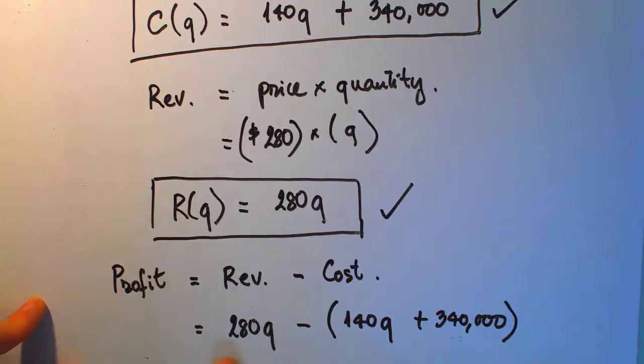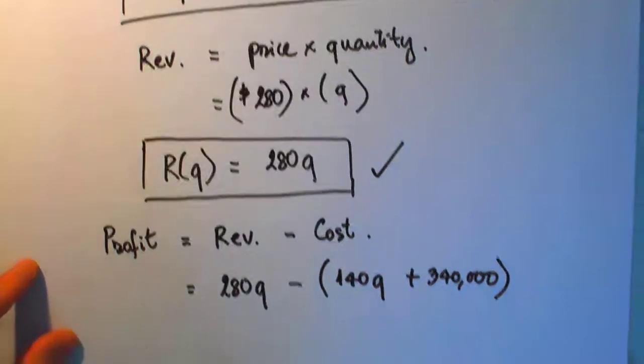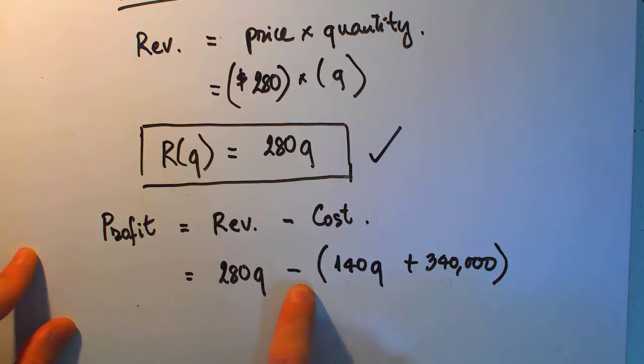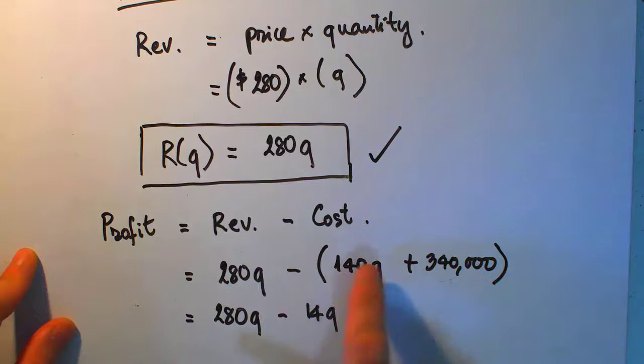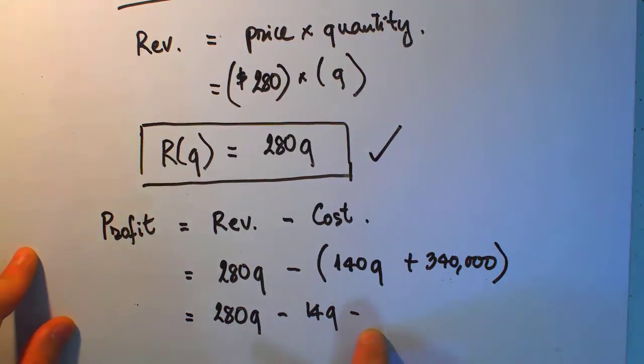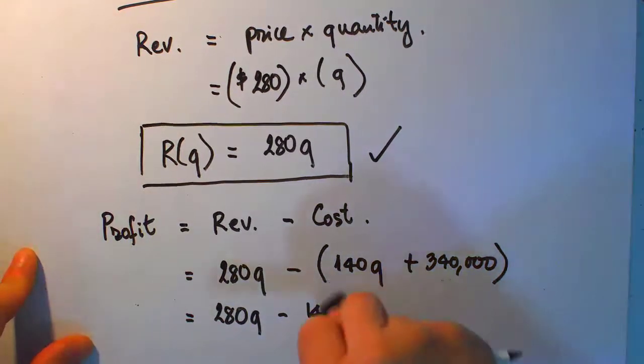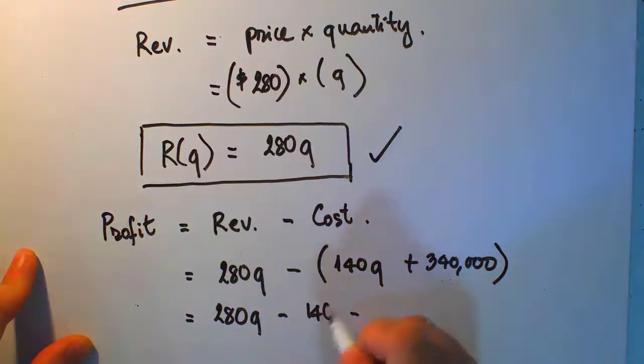So this is how we generally express our profits. But with your math skill currently, you can go ahead and distribute the negative sign and change the terms and combine like terms. So what I have now is 280 Q minus 140 Q and minus, that's why, like I said, I highly recommend to put your beginning functions in parentheses. Then the subtraction sign can cause some sign change. And by the way, I had a typo here. It's 140 Q and then minus 340,000.